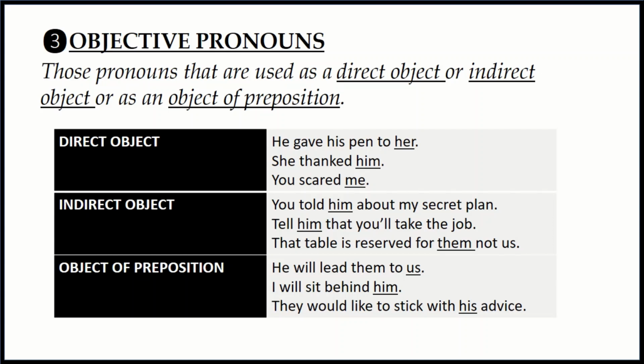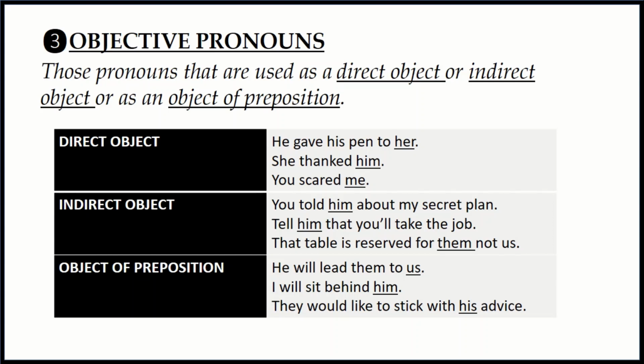For example, you told him about my secret plan. So you told him about my secret plan. So indirectly, although him is not a direct reference, him is not a matter of concern. The matter of concern is you.